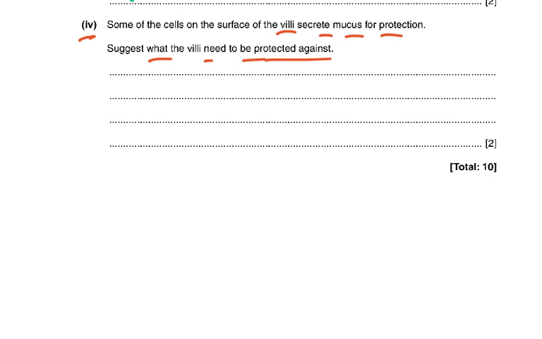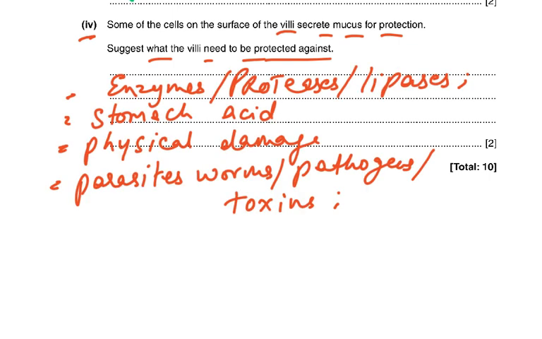So diseases of the small intestine could be caused by bacteria, viruses, or worms. So finishing this chapter: the mucus will protect against enzymes digesting its own cells, stomach acid, physical damage, and parasites like worms, pathogens or toxins.